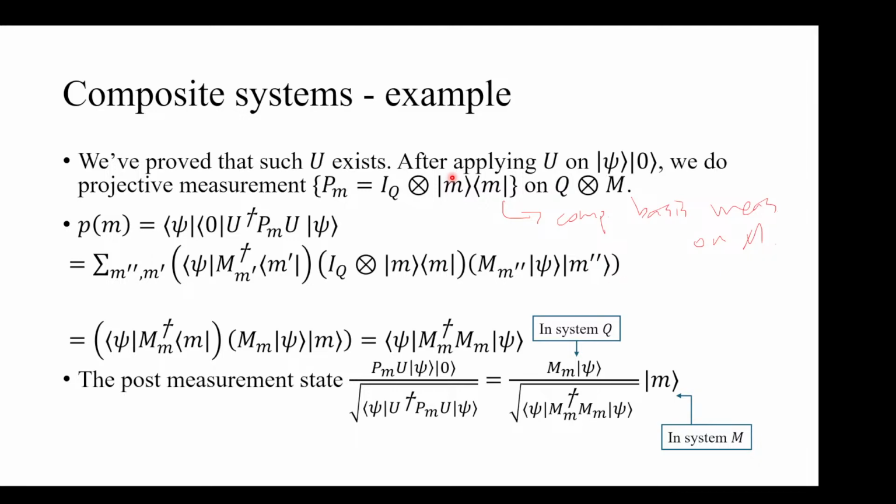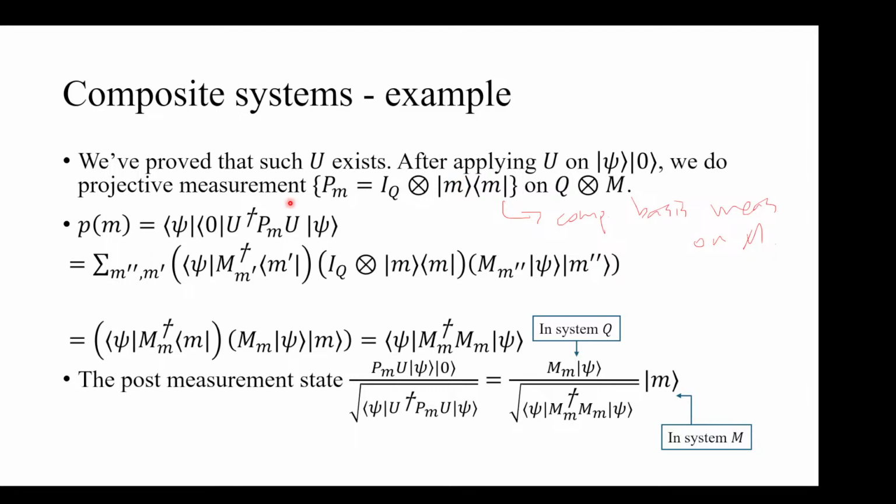I guess we also assume this small m basis is just a computational basis that we pick for system big M. But anyway, the computational basis measurement has measurement operators that project onto those small m directions.